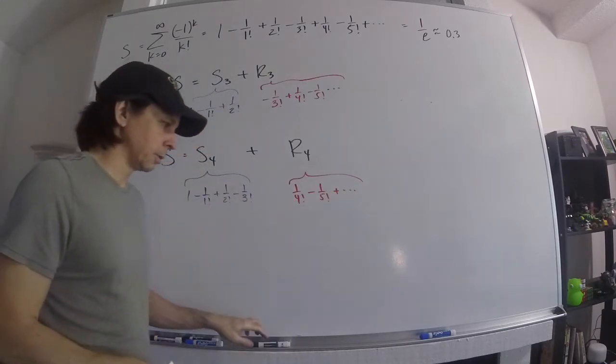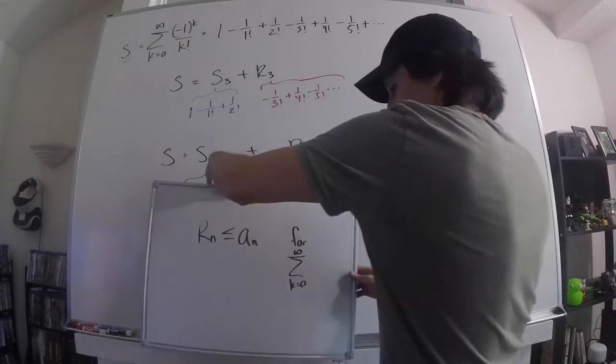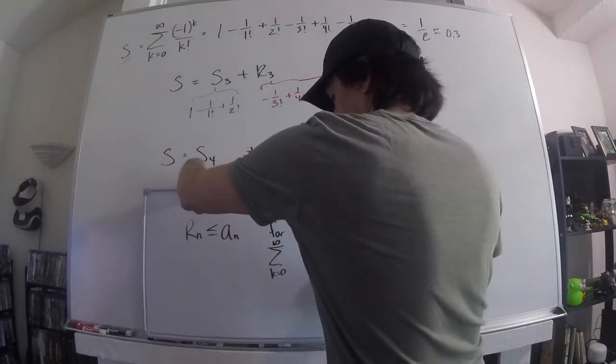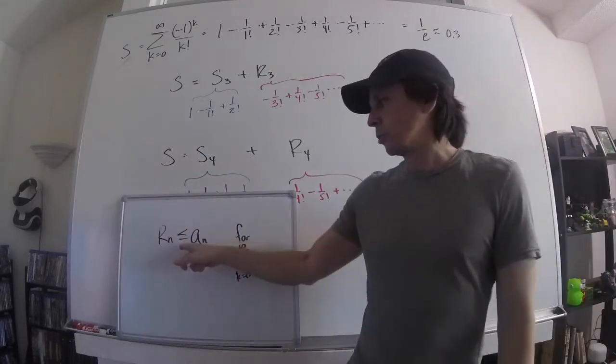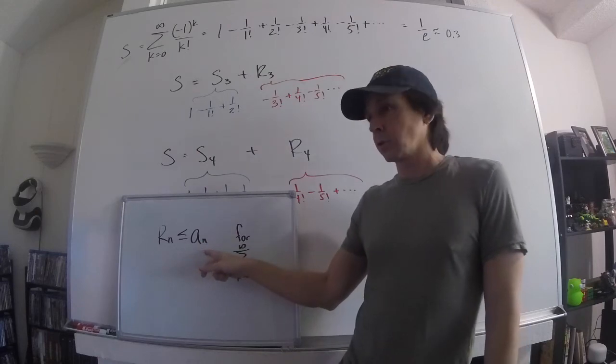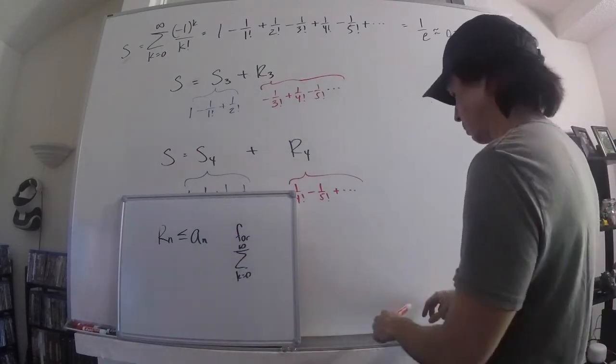I can do another one, but I don't need to, because at this point I want to use the fact that the remainder term is always less than or equal to the first neglected term, is the way she phrased it. So let me go through these now.